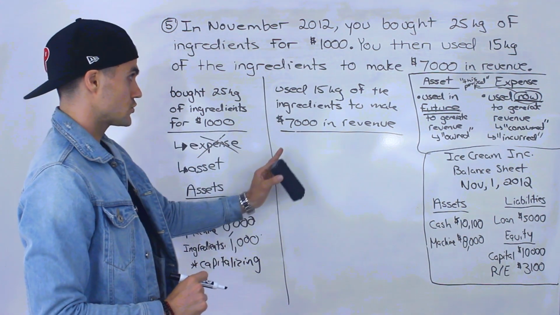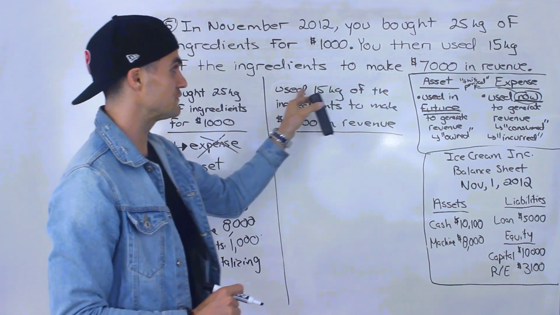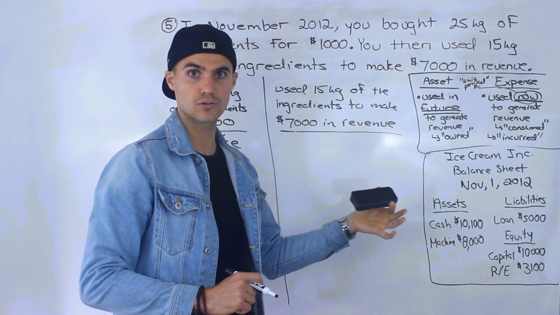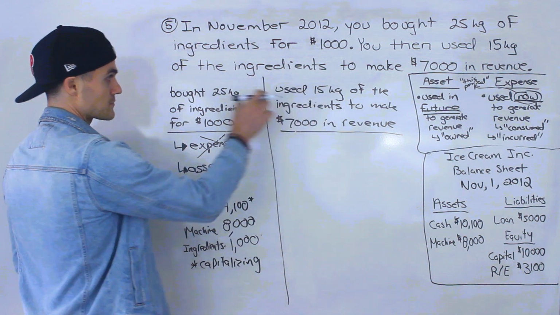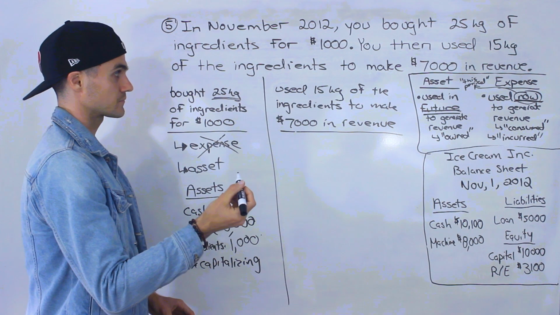Okay, now moving on to this transaction here. What it's saying is that we use 15 kilograms of the ingredients to make $7,000 in revenue. Notice, 15 kilograms of the 25 kilograms that we bought, right?